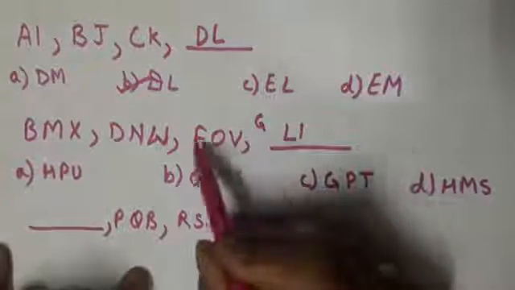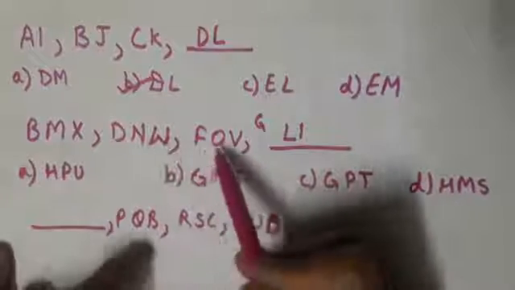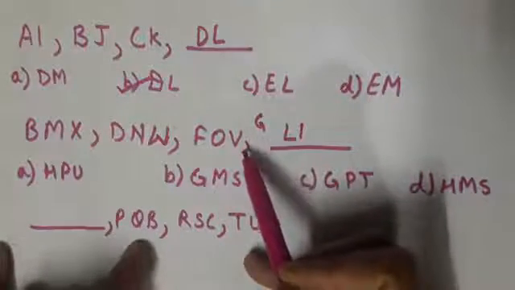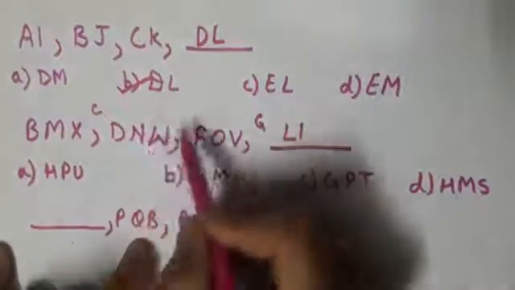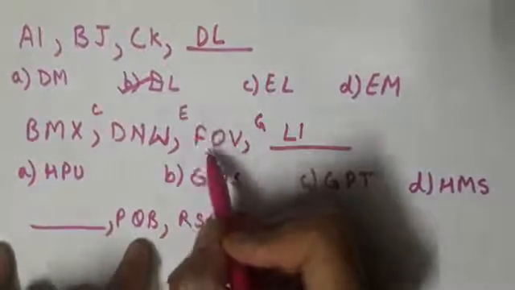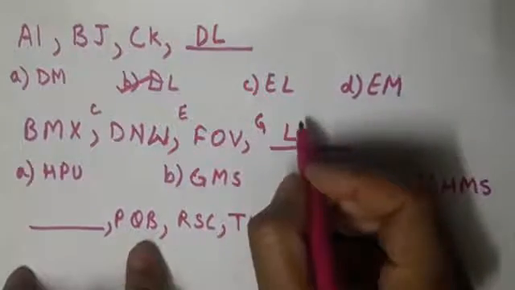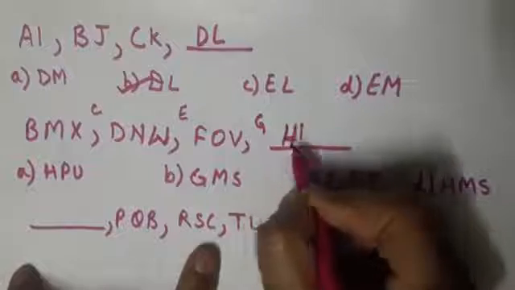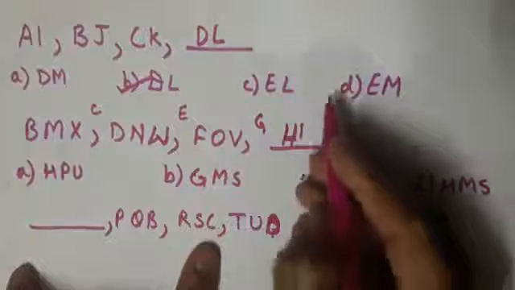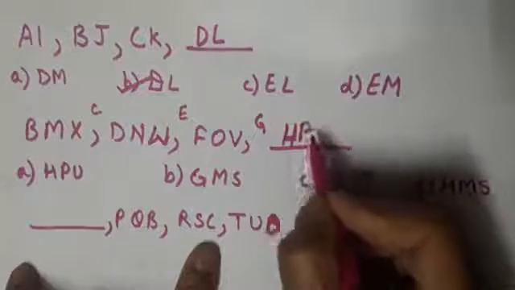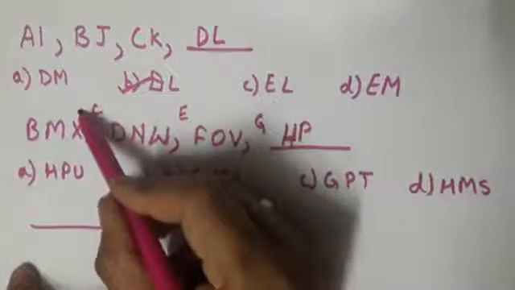Again we will check B, M, X, D, N, W, F, O, V. After F, G we leave here, and H will come. Then M, N, O, P. Then X, after X, Y we leave.